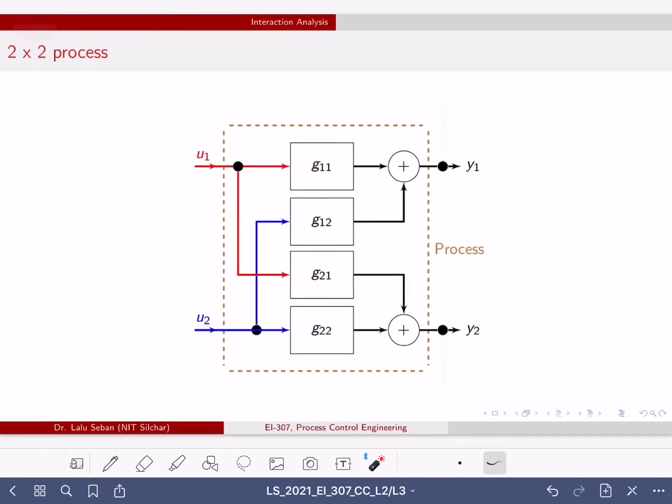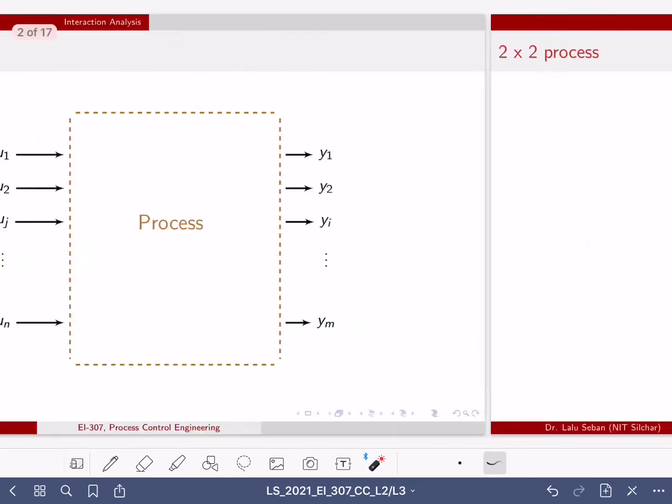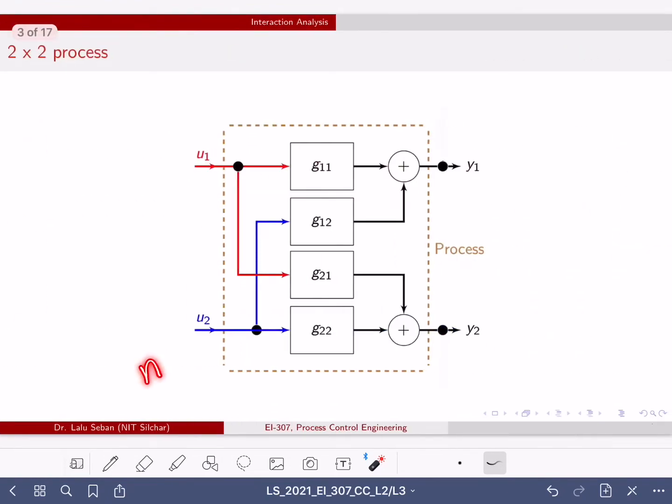So for easily understanding the multivariable process, let us decompose. Let us come to the simplest problem, that is a 2 by 2 process. By 2 by 2 process, we mean our n is equal to 2 and m is also equal to 2. That means it will be having 2 inputs and 2 outputs.